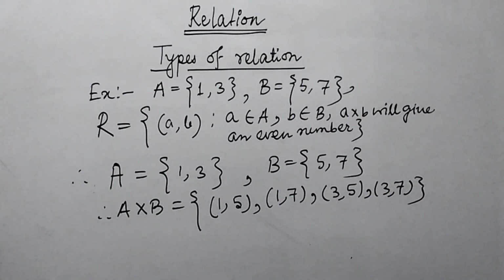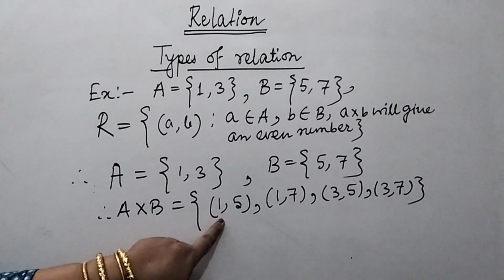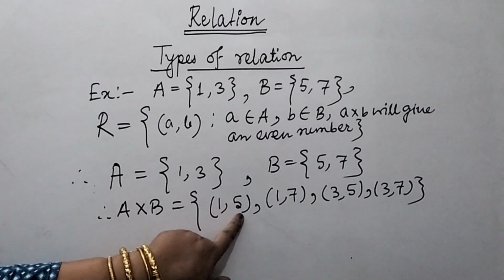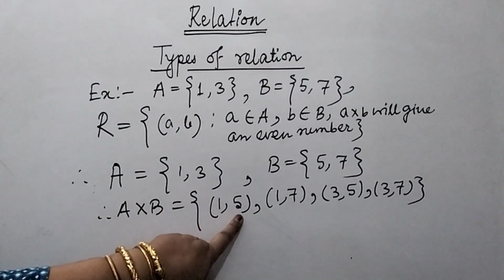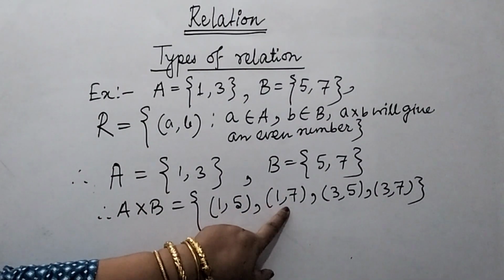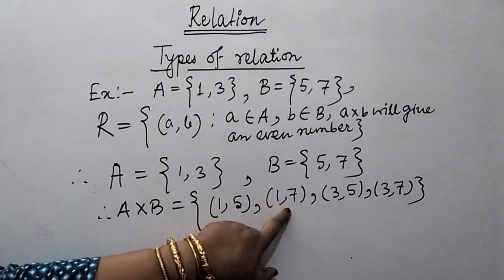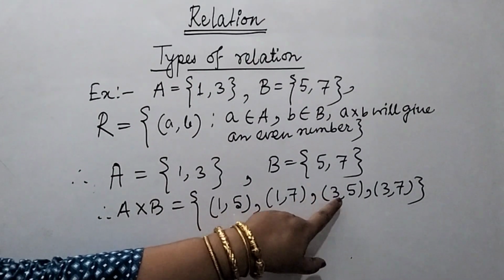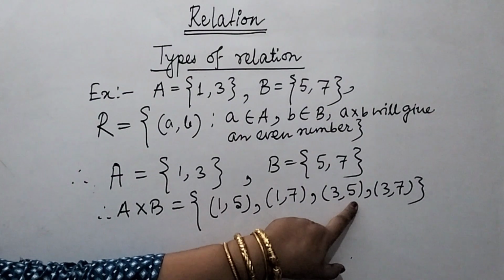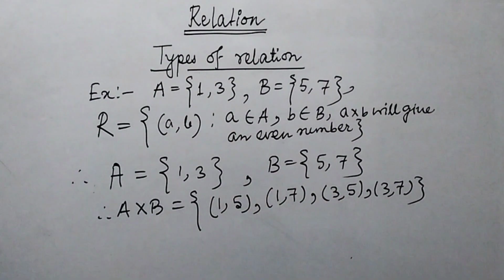Now let's multiply them. Multiply the elements of each ordered pair. 1 into 5 gives us 5, which is obviously an odd number. 1 into 7 is 7, which is another odd number. 3 into 5 is 15, obviously an odd number. 3 into 7 is 21, which is also an odd number.